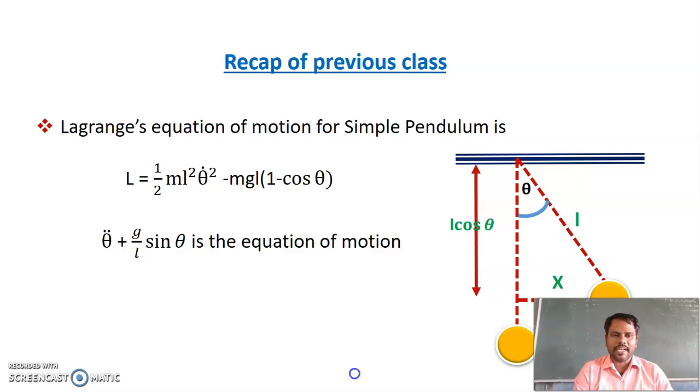Using the Lagrangian equation, we arrived at theta double dot plus g by l sine theta, which is the equation of motion for a simple pendulum. However, if the amplitude is very small, sine theta is approximately equal to theta. So the equation becomes theta double dot plus g by l theta, the equation of motion for a simple pendulum.